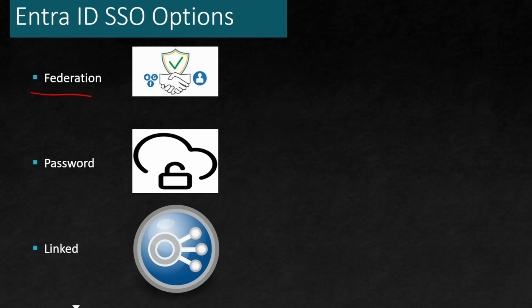So that takes us to the next SSO option, which is password-based single sign-on. Password-based single sign-on is a user authentication process allowing users to access multiple applications with one set of login credentials. This can be particularly useful for on-premises applications that are integrated with application proxies, which act as a bridge between the internal network and the cloud.